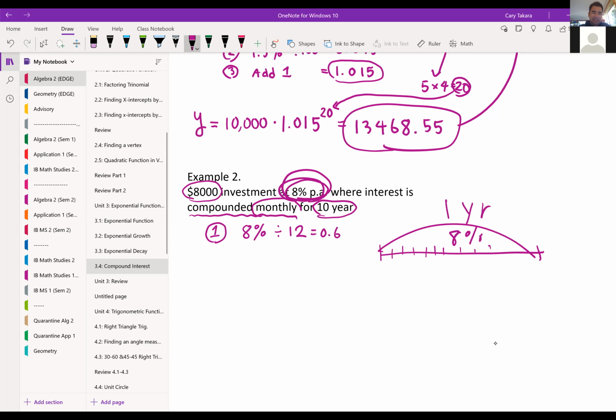0.6. I hate to round it off, but there's a way to keep that long number. Let's just round off for now, though a bank will never do that.